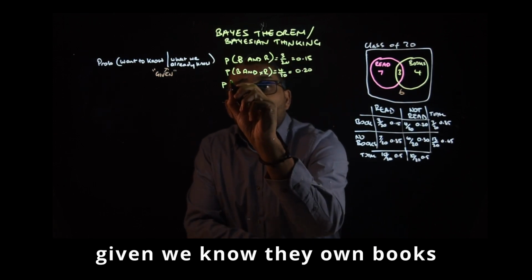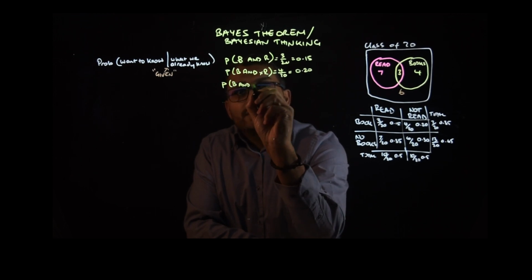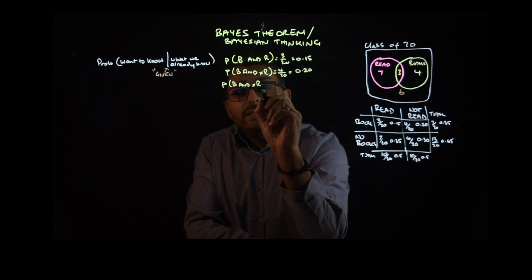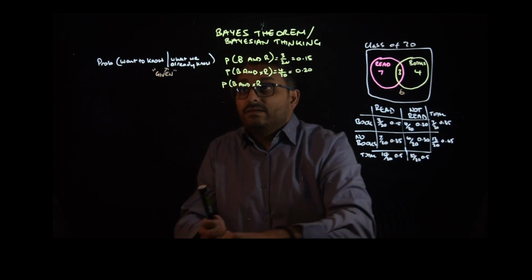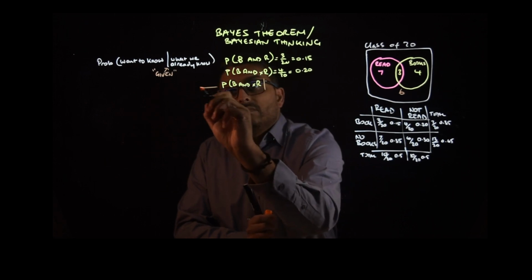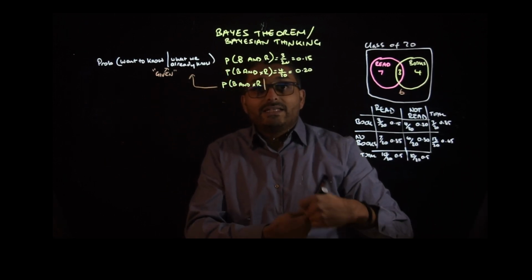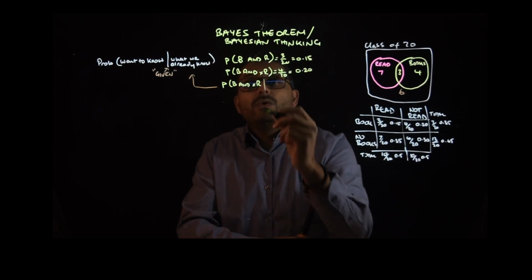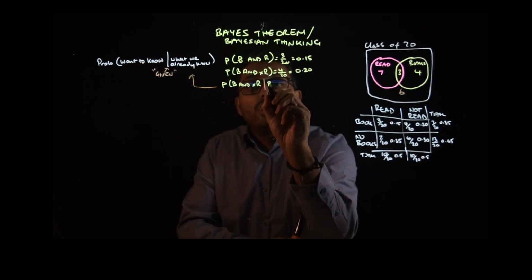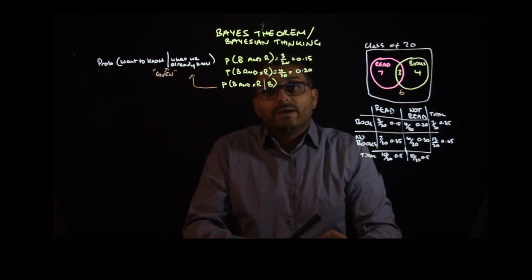The first part is books and don't read, but we have this given line now because it's a conditional probability, given that we know they own books. How do we work this out?